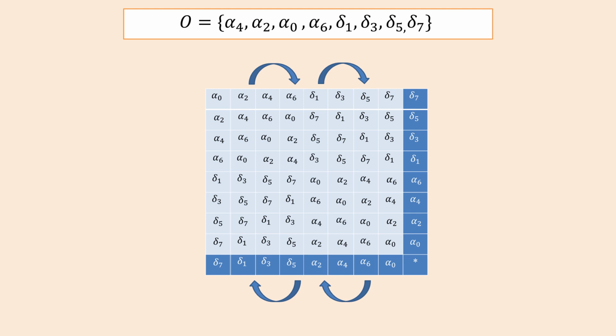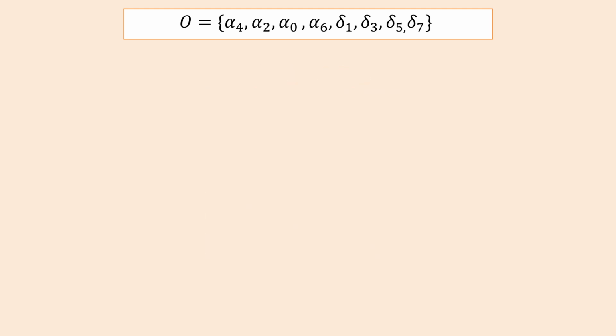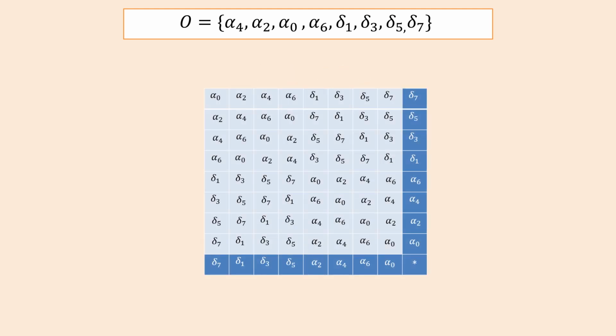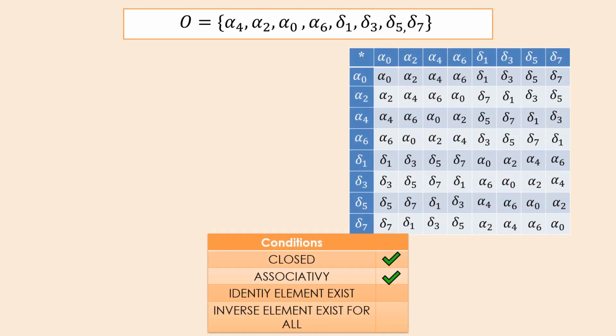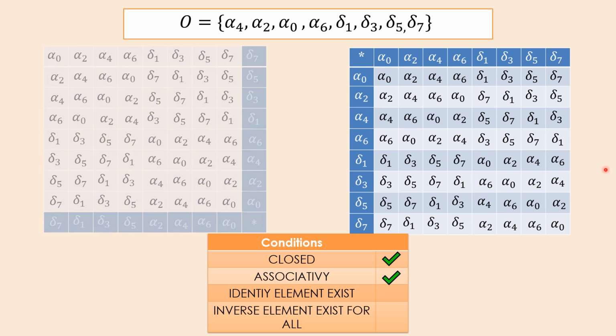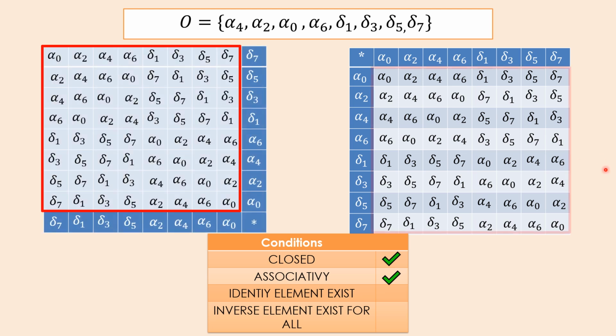Now let's check if they are already identical. Even if we flipped and interchanged the table, the result is still the same. That indicates that our table is associative.